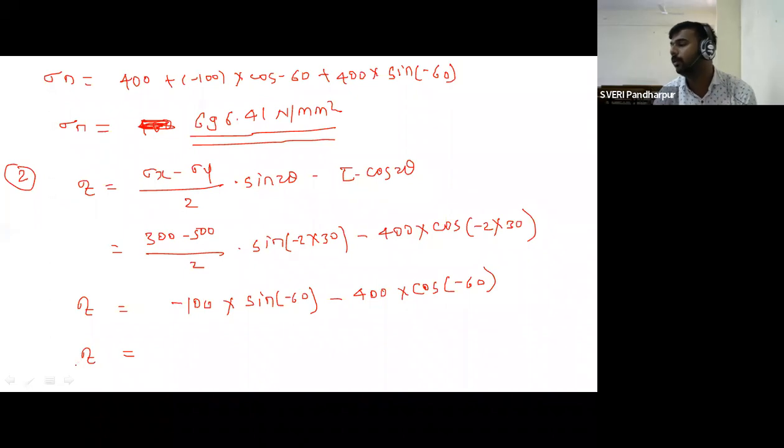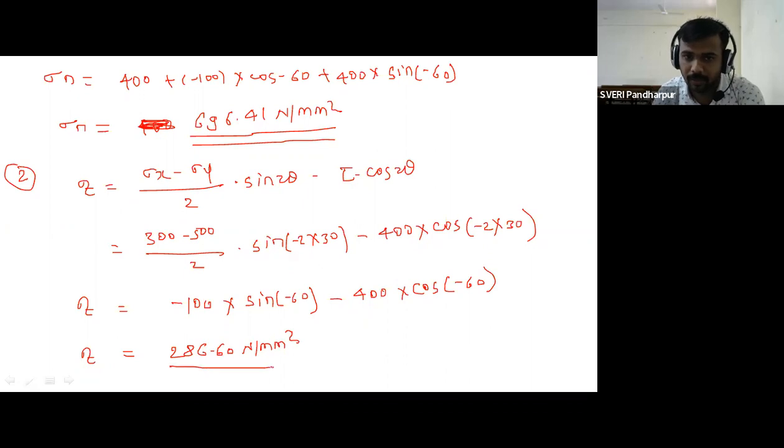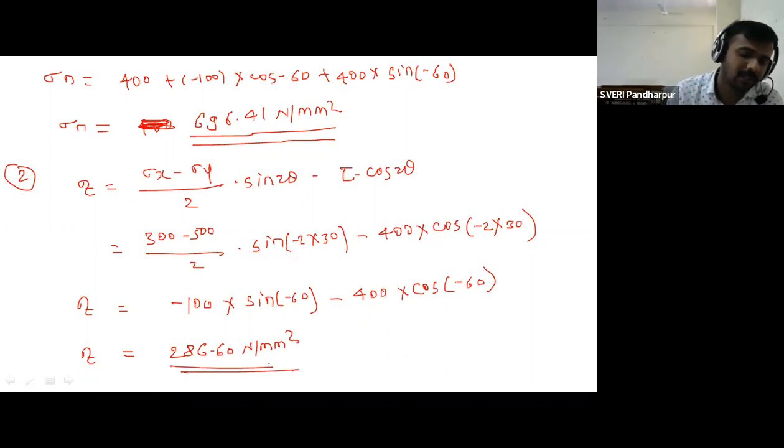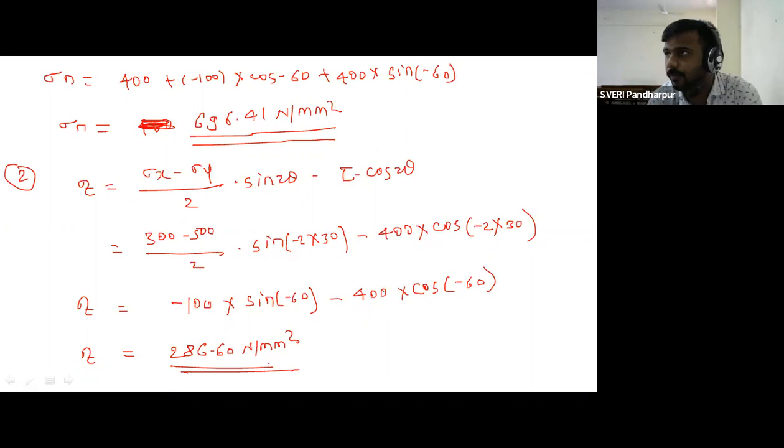What is the sigma t value? 286.60 Newton per mm square. Check your answers. Do the calculations of normal and shear stress and verify your answers.